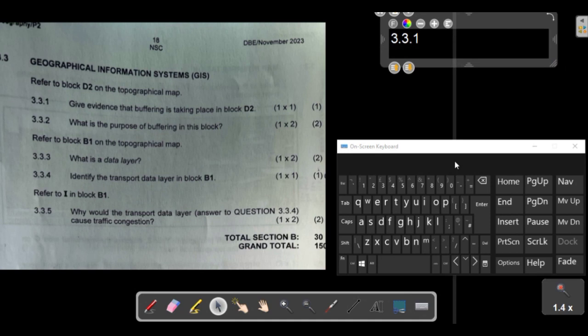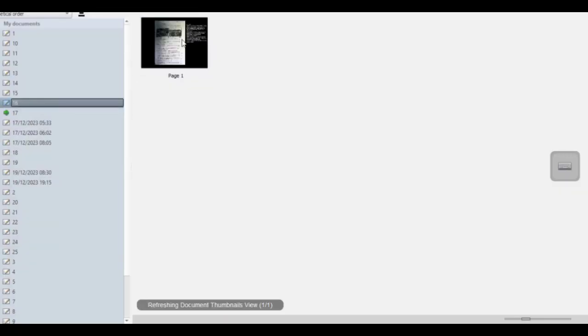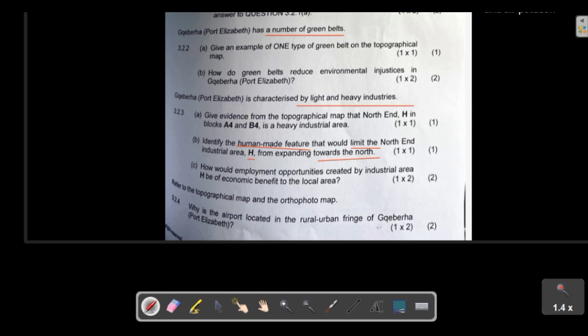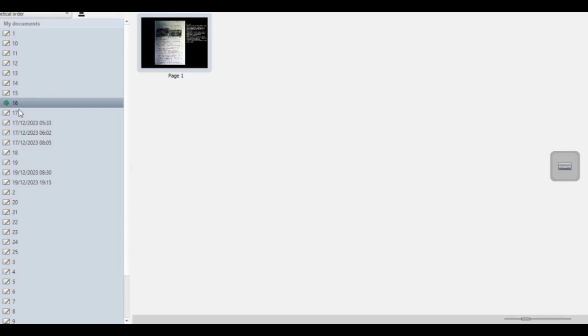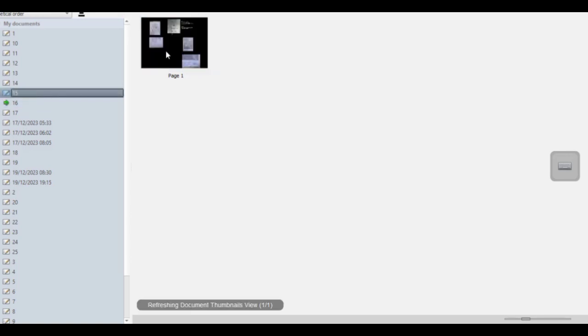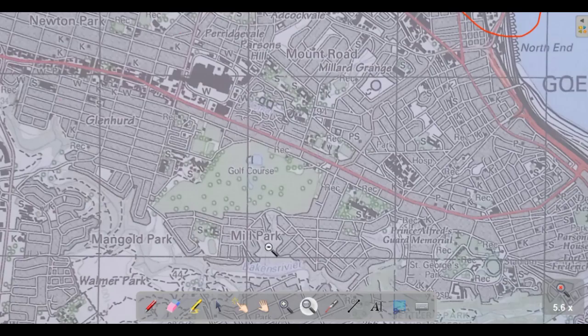Give evidence that buffering is taking place in block D2. Remember buffering, guys. What is buffering? Buffering is to mark off or demarcate around the area. That is what buffering is. And let's take a look at this D2.